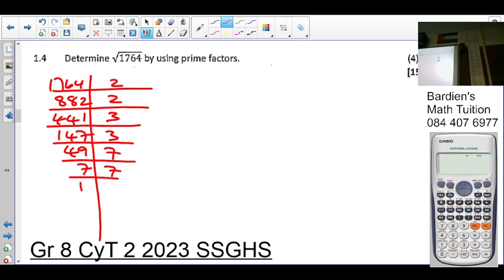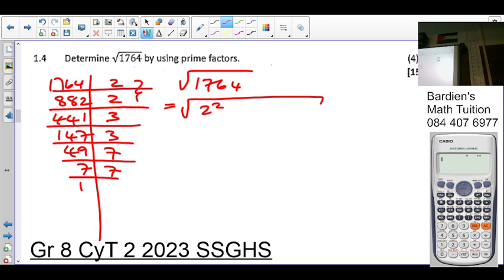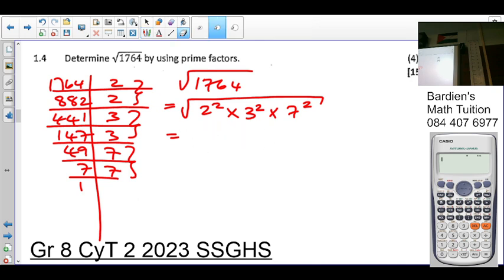So that means to say that the square root of 1764 can be written as the square root of 2 squared, since there are 2 2s, times the square root of 3 squared, as there are 2 3s, and the square root of 7 squared, as there are 2 7s. So I'm going to apply the square root now, so I'll get rid of that.